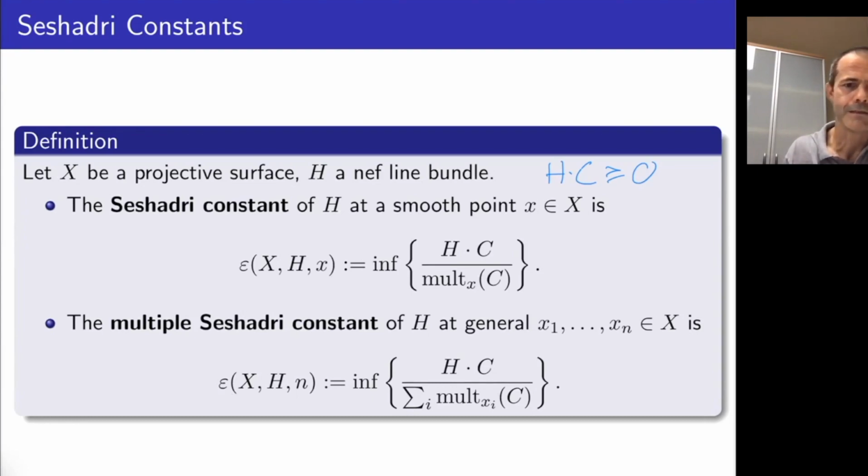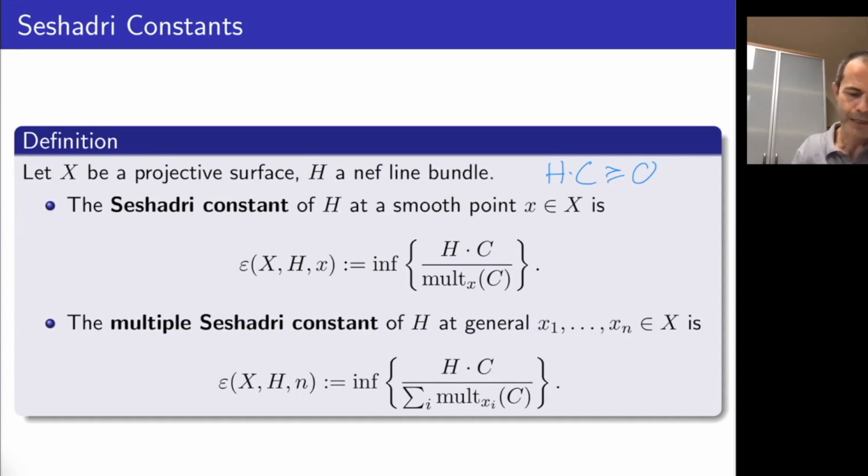We define the Seshadri constant of H at a smooth point x of the surface by taking the intersection product of H with any curve passing through the point x and dividing by the multiplicity of the curve at the point. Then we take the infimum of all these rational numbers.